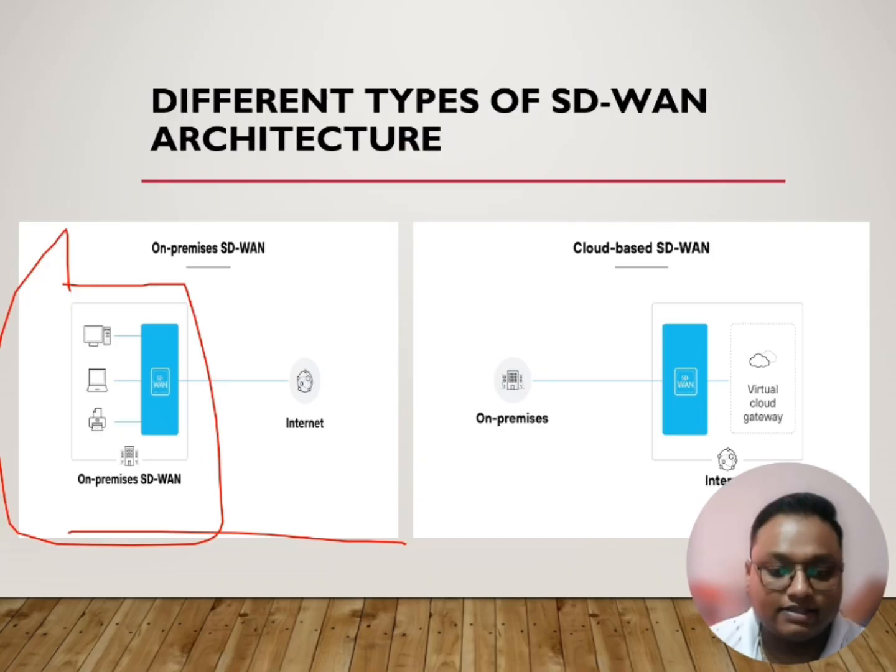In the second case, cloud-based SD-WAN, we can see that traffic is directed through a virtual gateway hosted in the cloud, and this allows branch locations to connect to either SaaS or cloud workloads more efficiently. The control plane resides in the cloud as well, which provides centralized oversight across the sites. The main trade-off is that traffic to cloud services is optimized, but traffic between on-premises sites may not benefit in the same way.